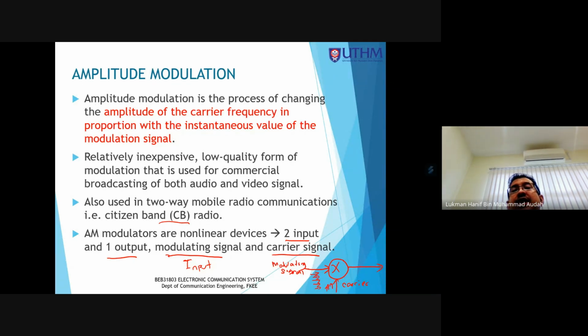But that is for high level modulation techniques used in cellular mobile communications, for example 4G, 5G, 6G, and so on. For your syllabus, the limitation is only one input message and one carrier. The rest you're going to learn in another subject for high level modulation techniques.